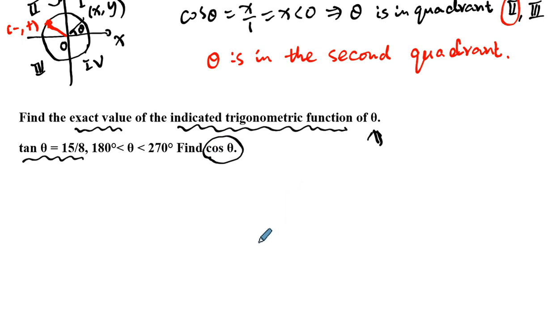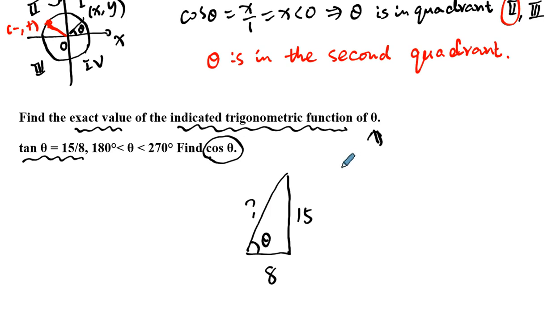If we have a theta here, here is 15, here is 8, then there are 2 legs. We should be able to find the hypotenuse.